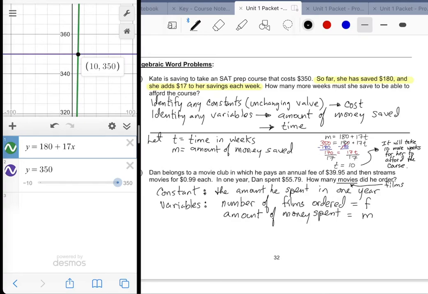All right. Now there does seem to be a little contradiction. It's not really a contradiction, it just feels that way, between the constant, which is the amount of money spent in 1 year, versus the amount of money spent by this guy Dan. All right, so in both cases, he's spending money.